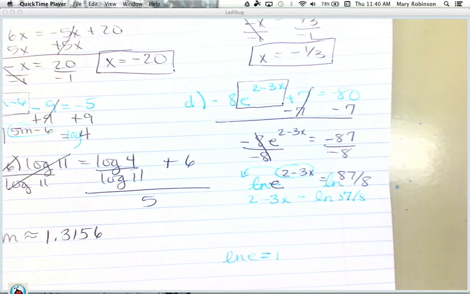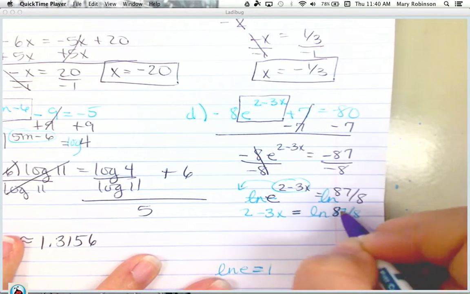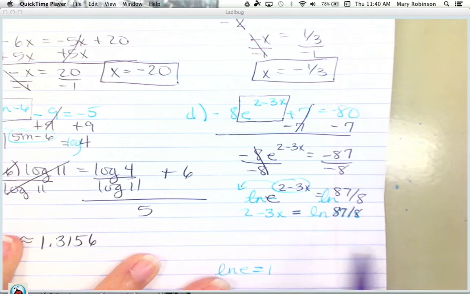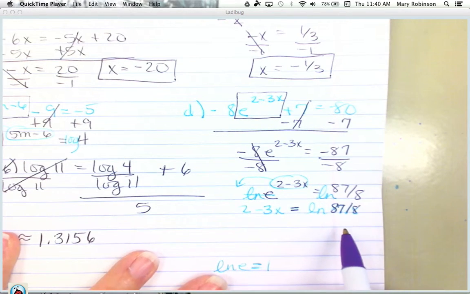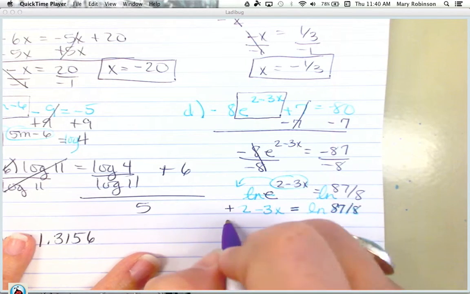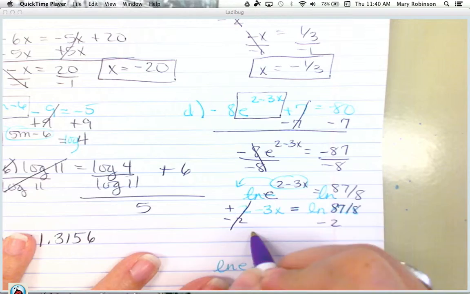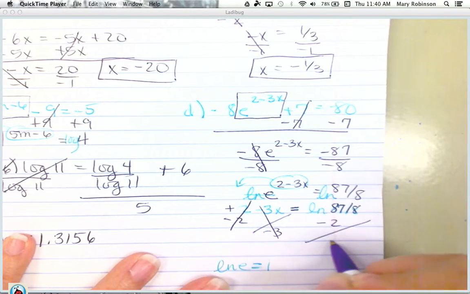So I recommend doing this in 3 steps again in our calculator. So we would type in the natural log of 87/8, hit enter. Remember this is a positive 2 minus 3x, so we need to then subtract 2. And once we're done with that, we'll divide by a negative 3.